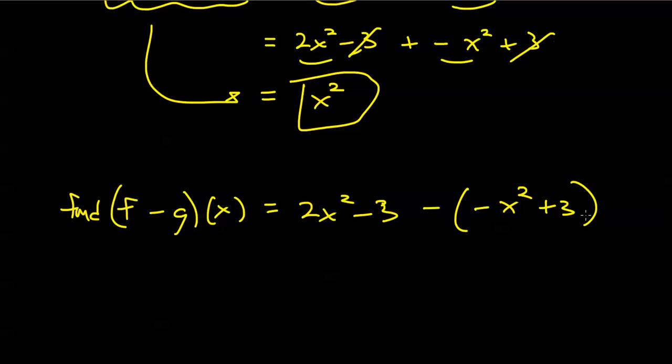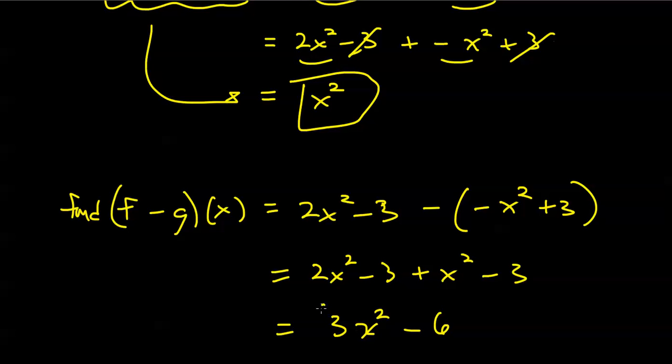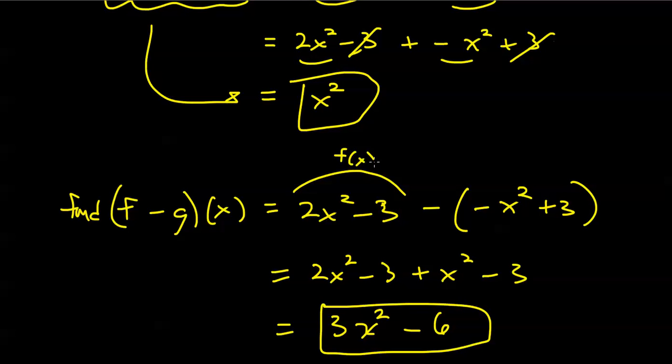Of course, I can combine those like terms, but I'm going to have to carry this negative sign through. I'll get minus x squared is plus x squared, and minus 3 is minus 3. So if I combine like terms here, I'll get 3x squared minus 6. So that's subtracting functions. Notice here I've got f of x, and here I've got g of x as described above.